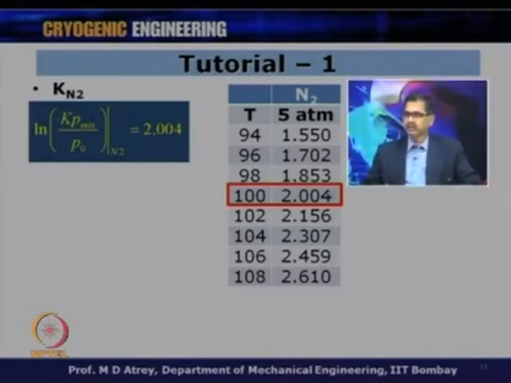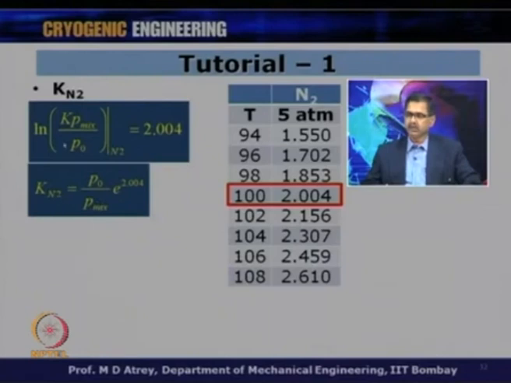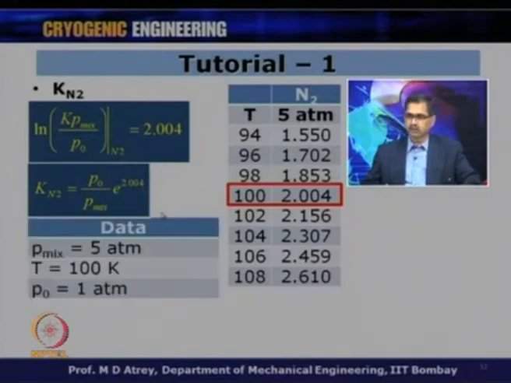I go to the table, locate 5 atmosphere and the value of T equal to 100 Kelvin, and this logarithmic value happens to be 2.004. Having done this for nitrogen, I would like to calculate what is the value of K from here. So, removing the logarithmic term, what you get is PO upon P mixture times e to the power 2.004.